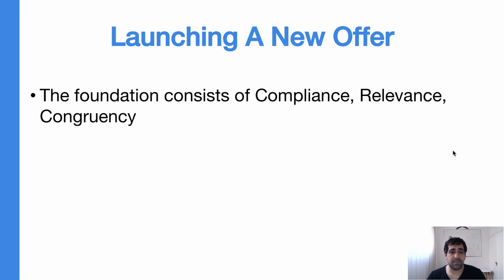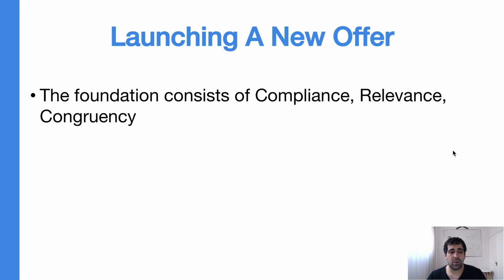Compliance means that these days Facebook has huge requirements in terms of the language you are using, the offer that you have, the website that you are using, and many, many details. So first of all, you need to make sure that you are being compliant and that everything is all right.